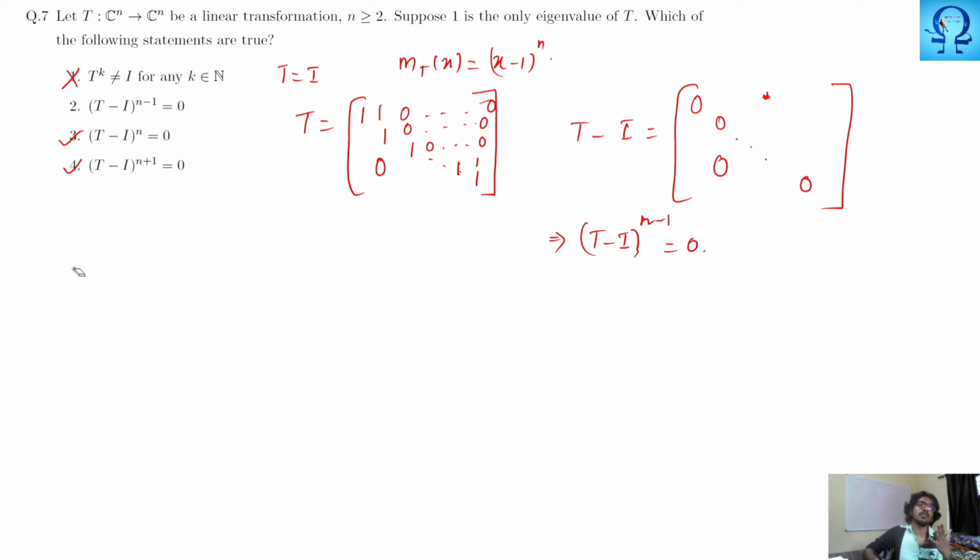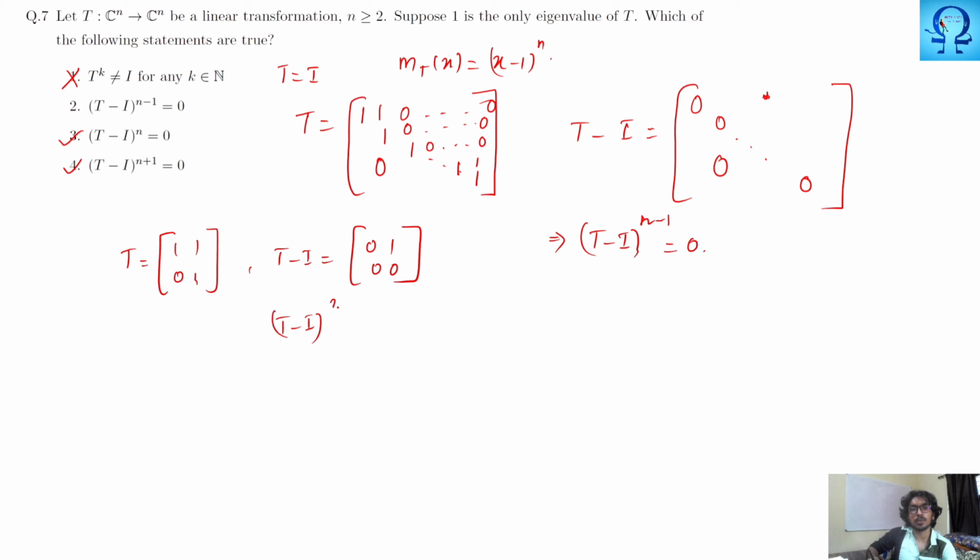If you have some confusion visualizing this for the order n case, consider T to be 1 1 0 1. In this case, what is your T minus I? This is 0 1 0 0, isn't it? (T minus I) square is 0. So only at the nth case, here we have assumed n to be equal to 2.